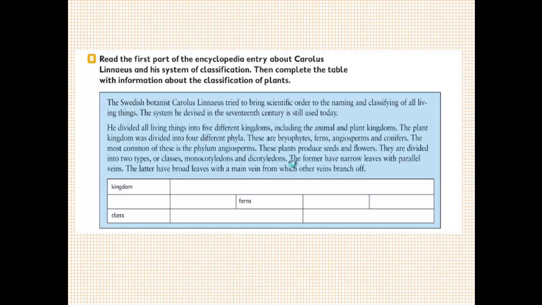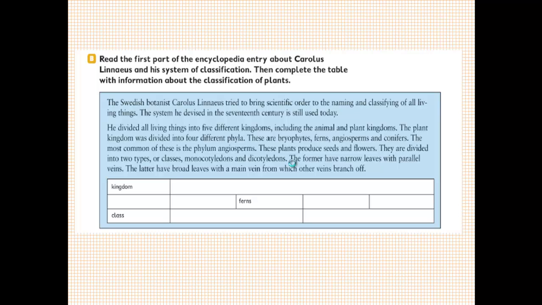They are divided into 2 types or classes: monocotyledons and dicotyledons. The former have narrow leaves with parallel veins. The latter have broad leaves with a main vein from which other veins branch off.